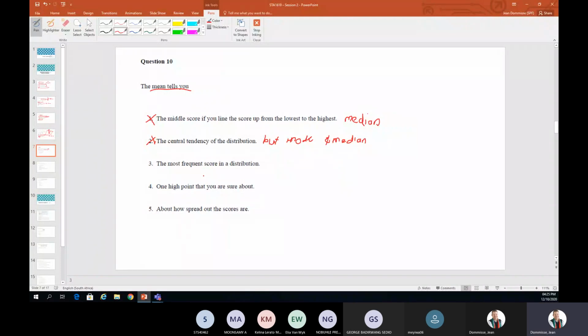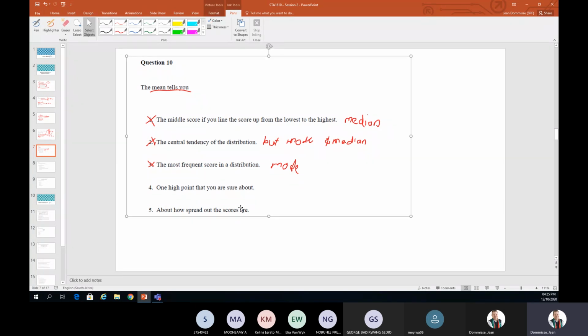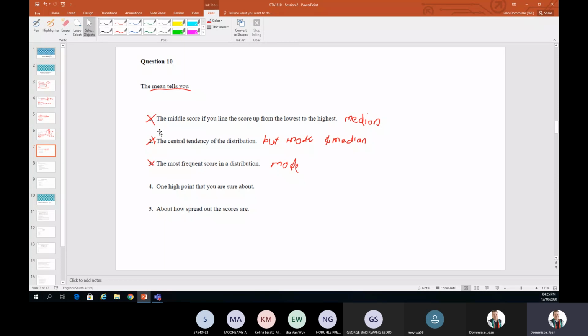The most frequent score in a distribution. No, because that is mode. So that can't be either. This is quite interesting.